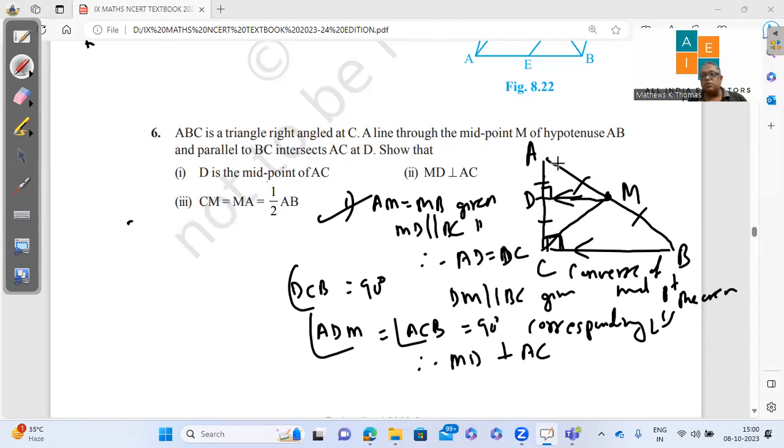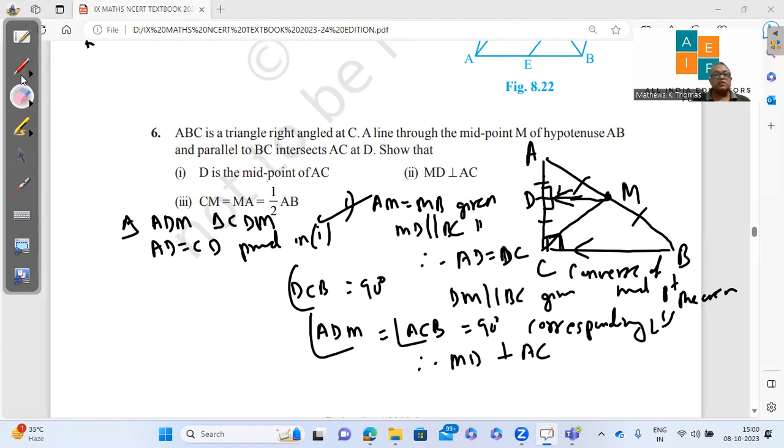Third part, CM equal to MA has to be proved equal to half AB. For that, we will take the triangles ADM and CDM and prove them congruent. So AD is equal to CD was proved in 1. We'll make use of that. AD equal to DC. And in the second part, we've proved that this is perpendicular. So I can number these angles.